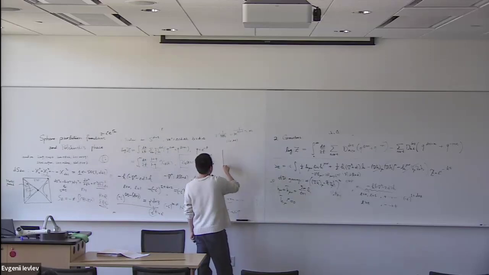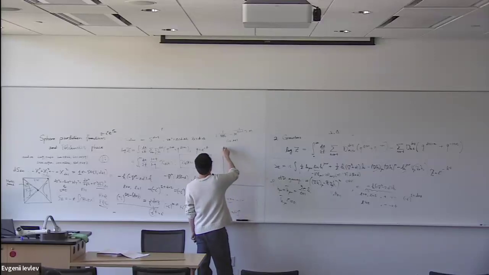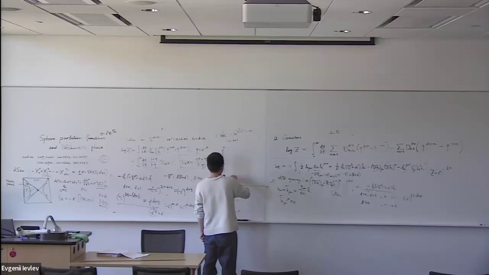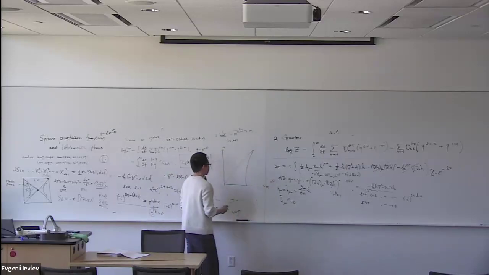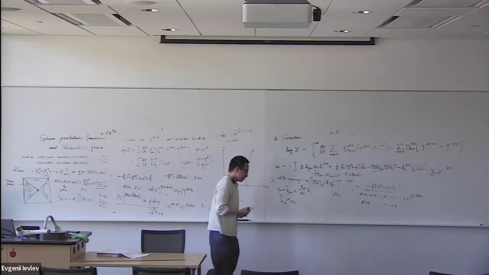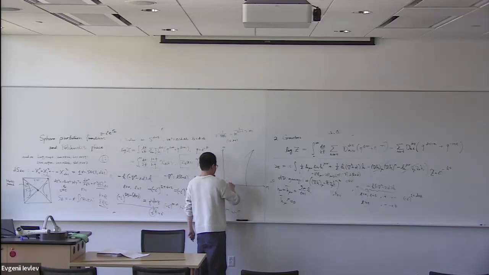I draw the allowed region in Q and M. It has this shape. So the region inside is an allowed region, but not every pair of Q and M gives a smooth Euclidean geometry, or in other words, it's more like non-equilibrium.